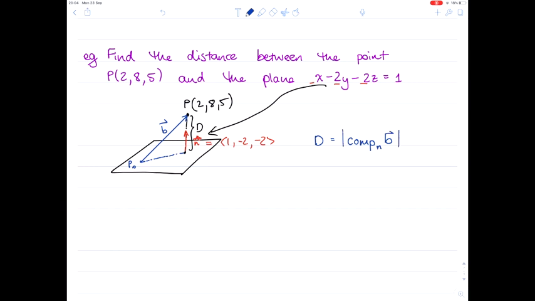We want the magnitude of that. So we're basically turning this into a problem about vectors.